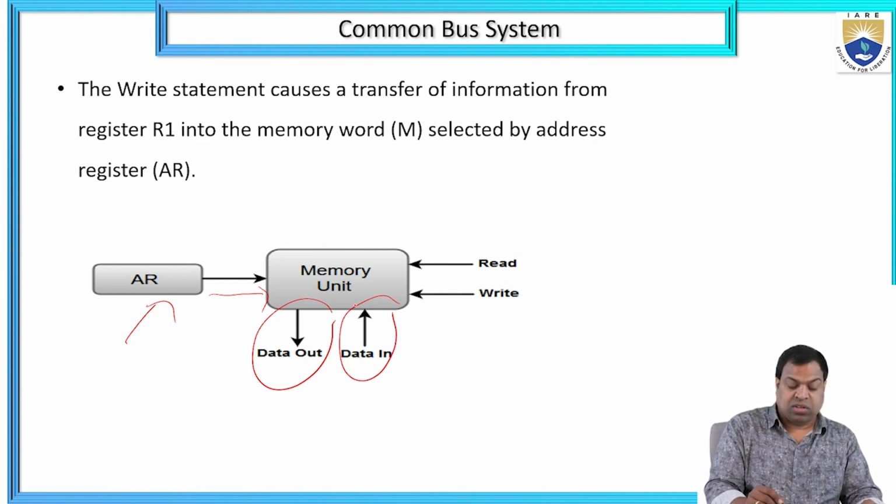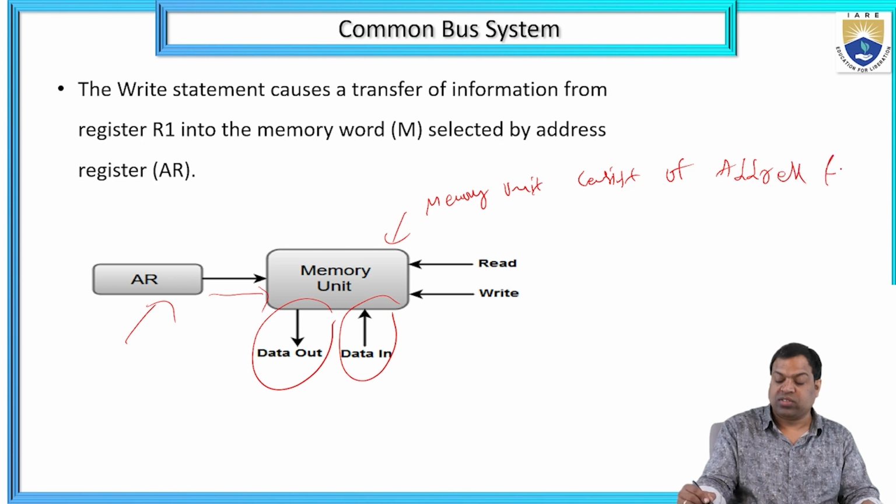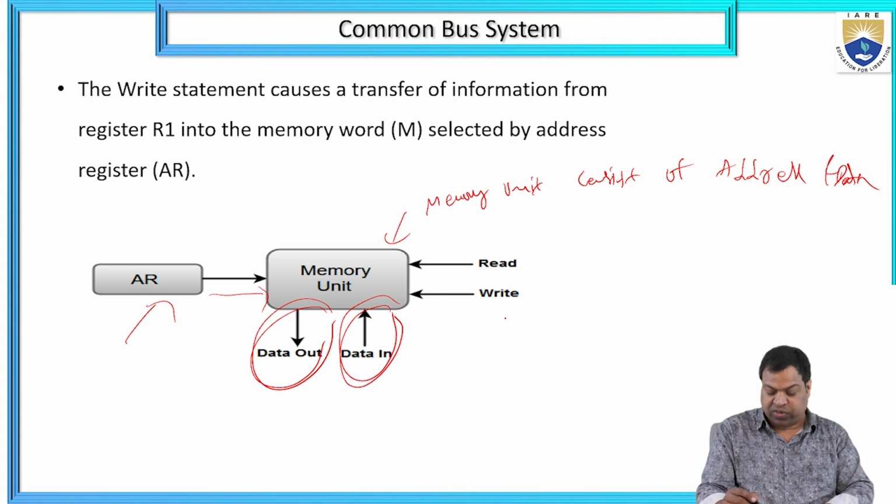A memory unit consists of address and data, so every memory unit has address and data, with a data out and a data in.